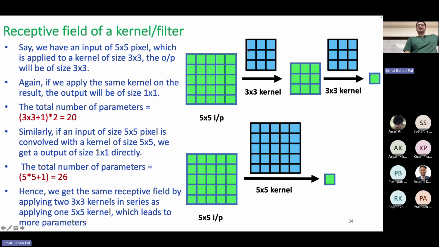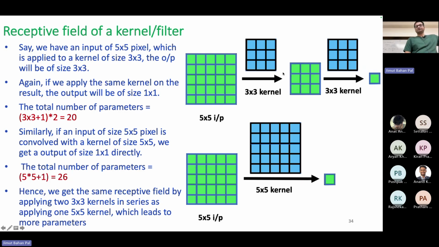The output using stride 1 will be a 3 cross 3 feature map. Again, if we apply a similar kernel of size 3 cross 3, we will get an output of 1 cross 1. So this 5 cross 5 is shrunk to 1 cross 1 using two 3 cross 3 kernels.